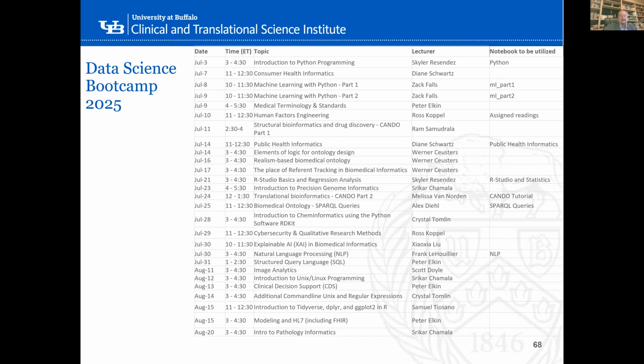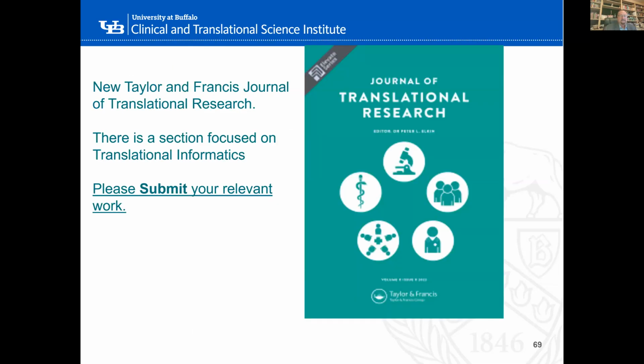For those of you who are not, it's a skills building workshop. Use Jupyter notebooks in order to learn skills, put fingers to keyboard and learn things. It's very useful if you ever want to do your own data science. This is taken by people all over the country. Last year we had 46 institutions and a bunch of the NIH people who came to take the course.